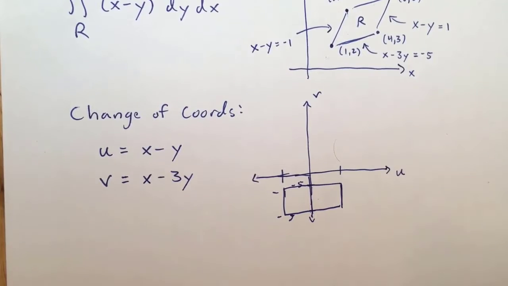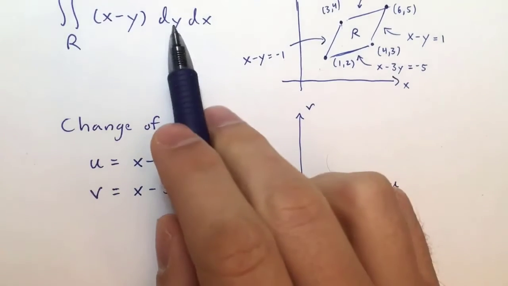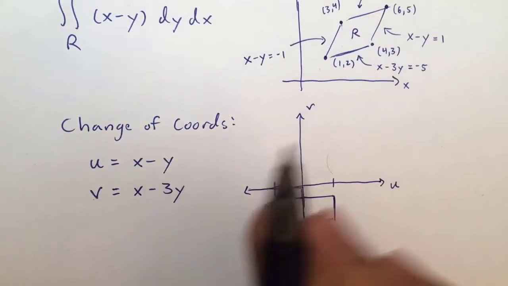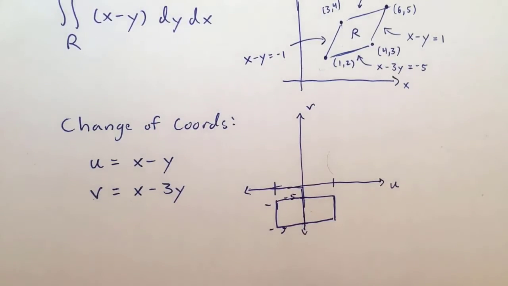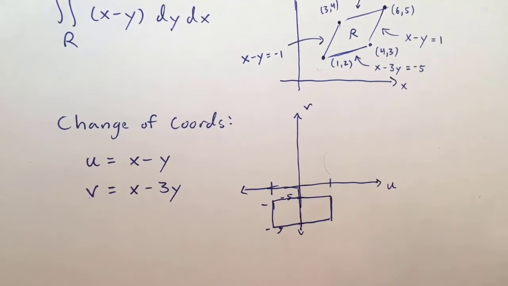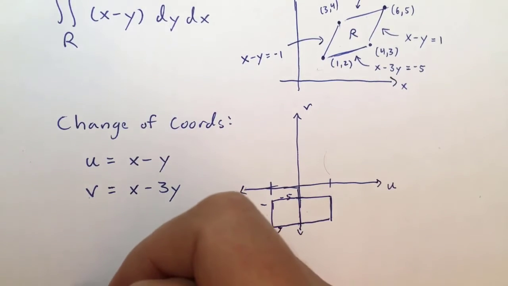Okay, so what do we have to do? Well, we have to compute the Jacobian. If we're going to convert from dy dx to du dv, we need to multiply by the Jacobian. The Jacobian is determined by, let's write it down.